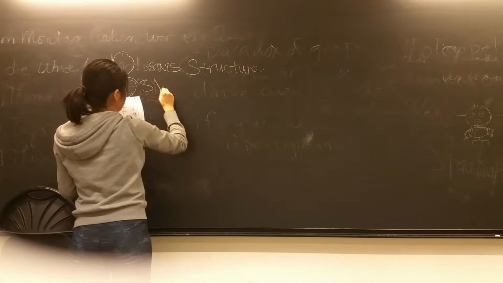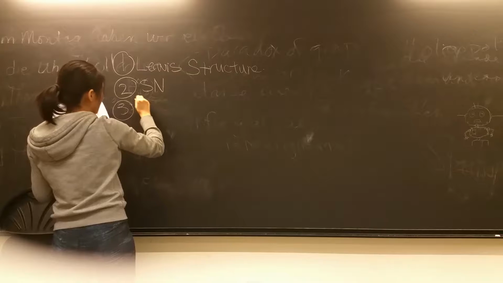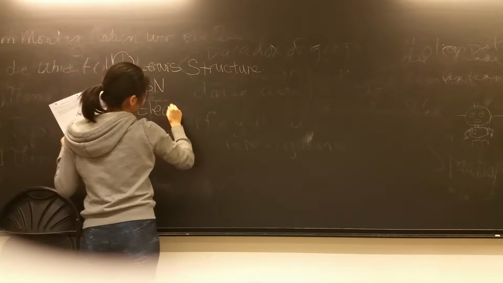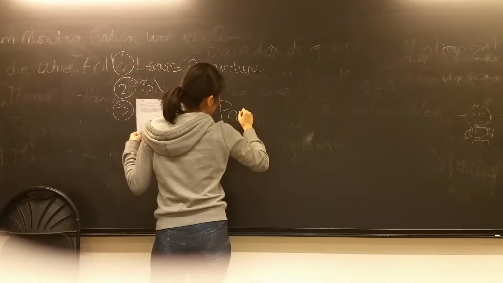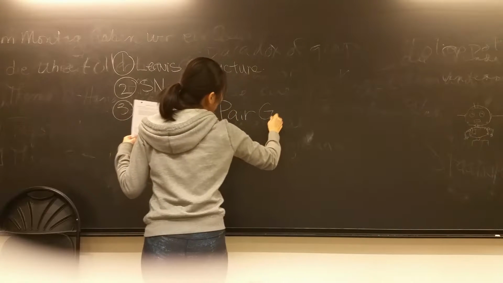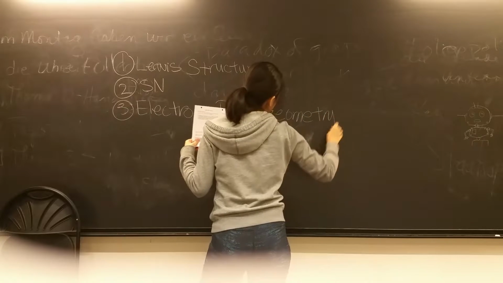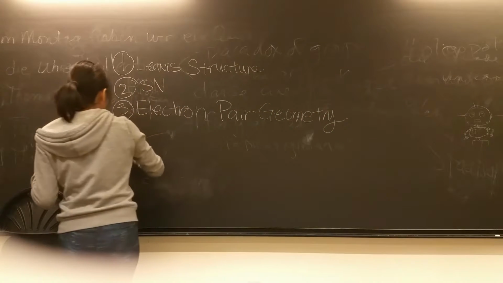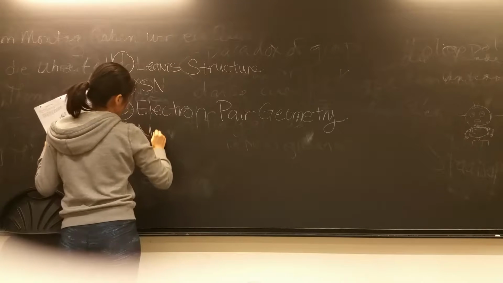Steric number 3. Electron pair geometry. I hope that you can see this. I know this isn't the best chalkboard, but geometry 4 is going to be molecular geometry.